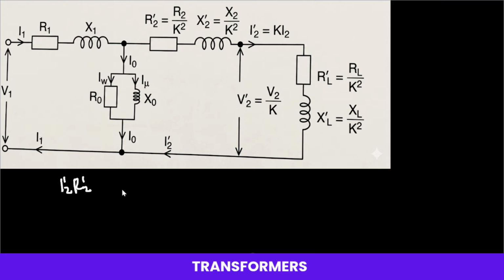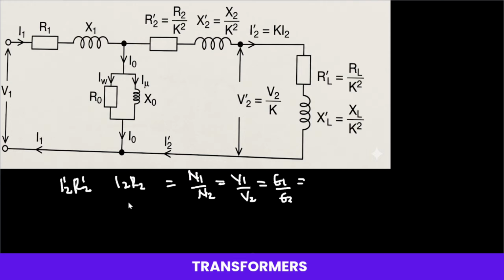And the ratio of I2 prime R2 prime to I2 R2, which is the voltage drop in the secondary, must be the same as the turns ratio N1 on N2, which is also known as V1 over V2, which is also the same as E1 on E2.